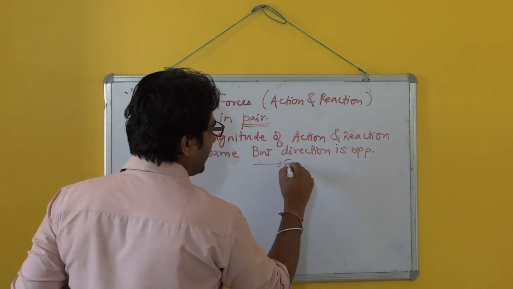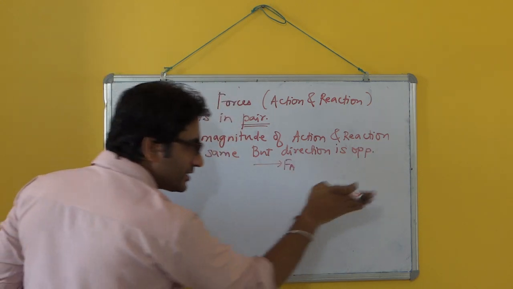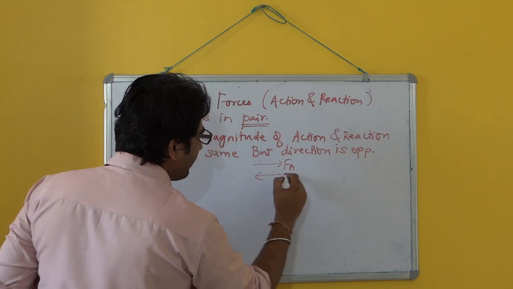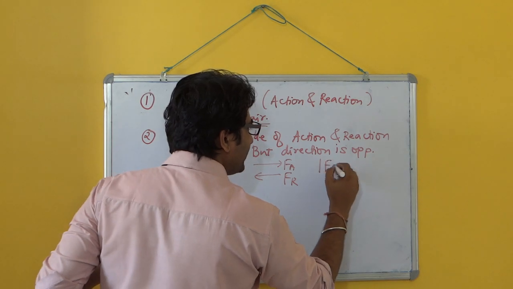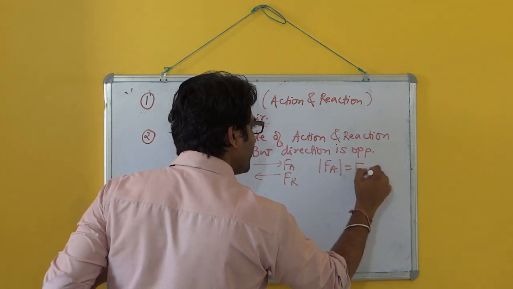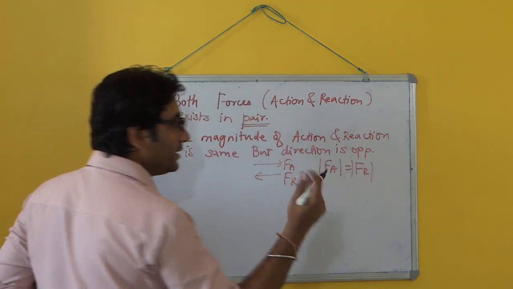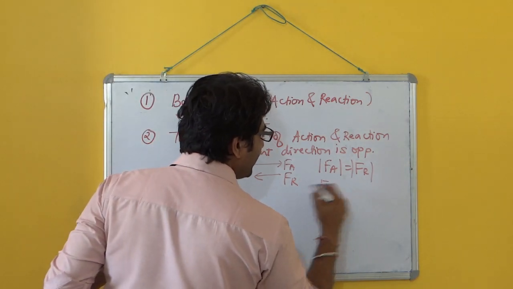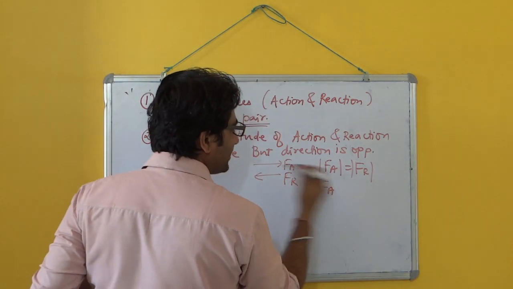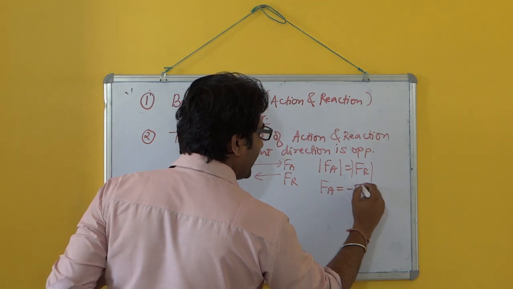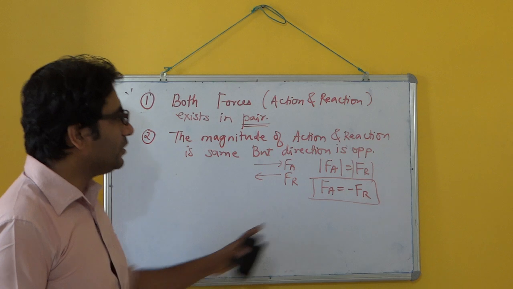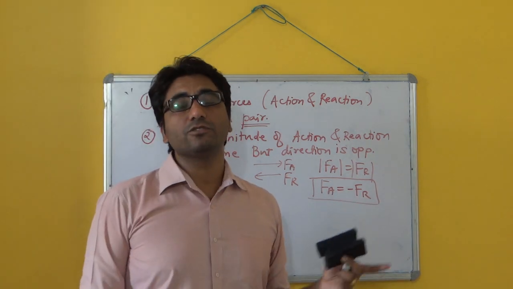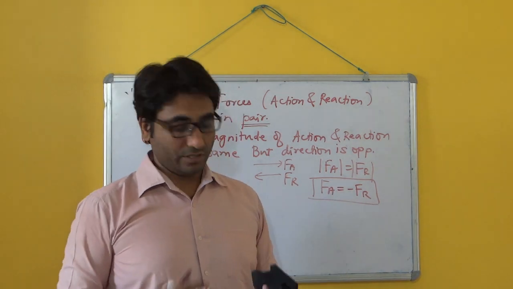That means that F action, if it is acting in this direction, then F reaction will be acting in the opposite direction such that their magnitudes are the same but their direction is opposite. That is why we are writing minus F action. Reaction is equal to minus F action. Minus shows that the direction is opposite.